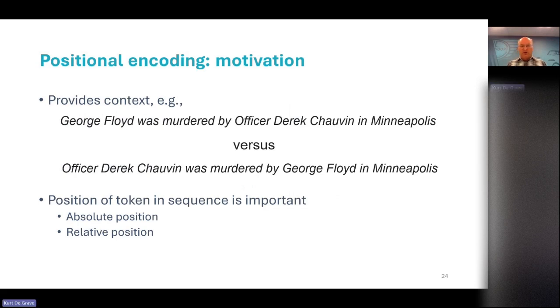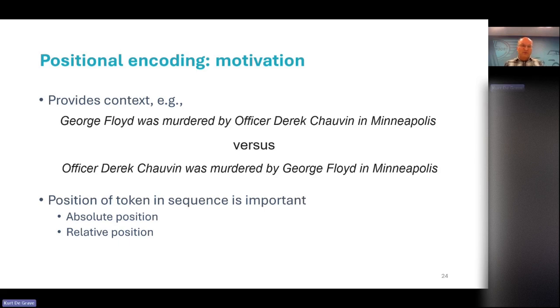Then a transformer looks at all previous tokens, but that in its own is not enough because their order in a sequence also contributes to the content of that sequence. So if we say George Floyd was murdered by Officer Derek Chauvin in Minneapolis, that's correct.